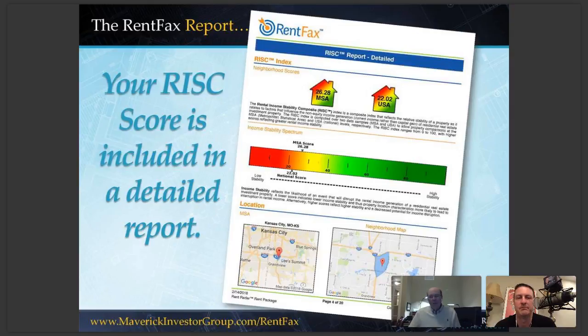The detailed report also shares information about, as I mentioned earlier, appreciation. And that's really interesting to look at, because if you're buying a property that has a $200,000 value, and you're in some of the areas that we have here in Kansas City, we have 5-year averages for the last 5 years of 6 and 7%. When that starts compounding like that, that's a pretty significant thing to consider when you're making a buying decision.